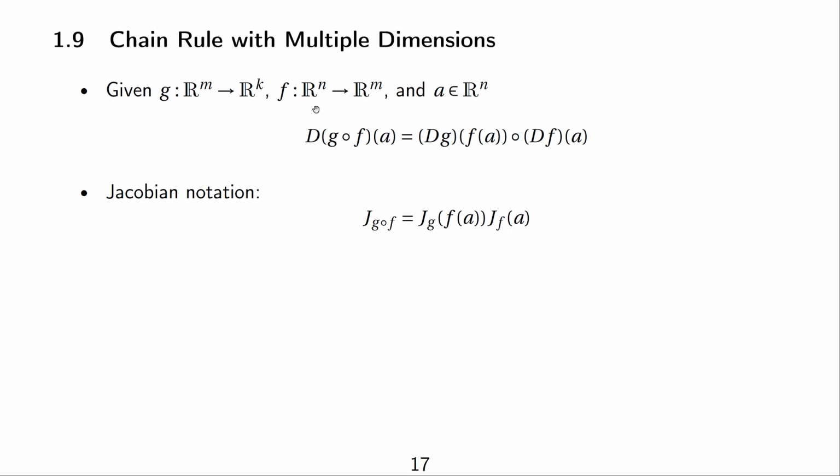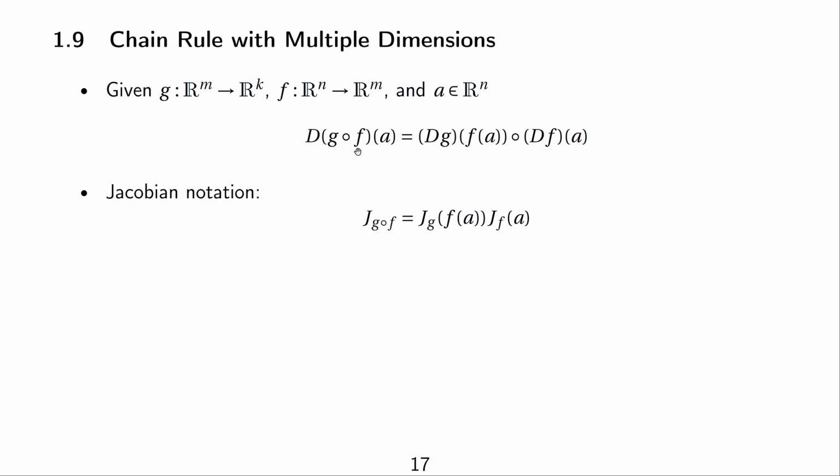So first, we need to apply this function because overall the function has n inputs and k outputs. So first we apply f to go from n to m dimensions, and then we go from m dimensions to k dimensions here. And we could evaluate this at a particular point a.